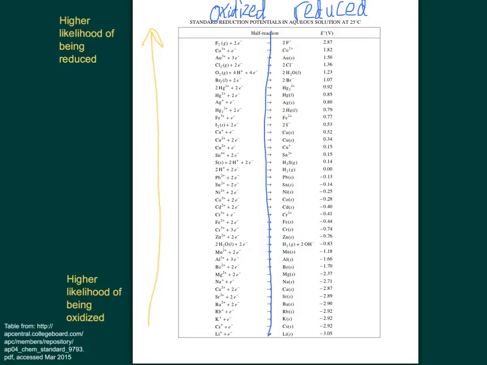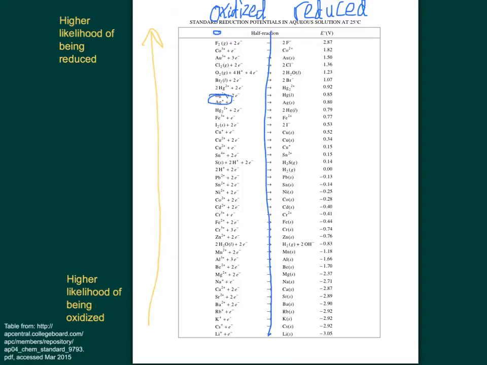So if we look at the top one there, fluorine, F2 gas has an oxidation number of 0. If we were to do it out, Ag+.